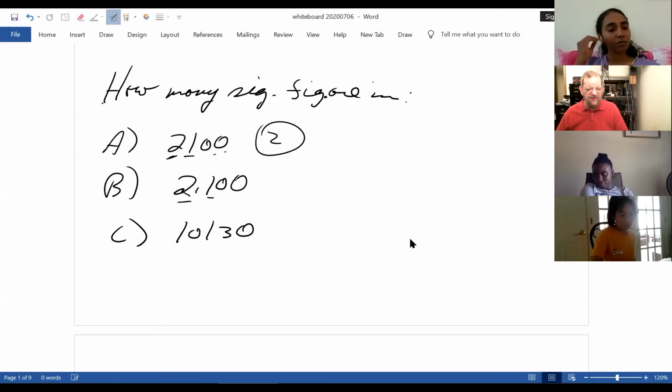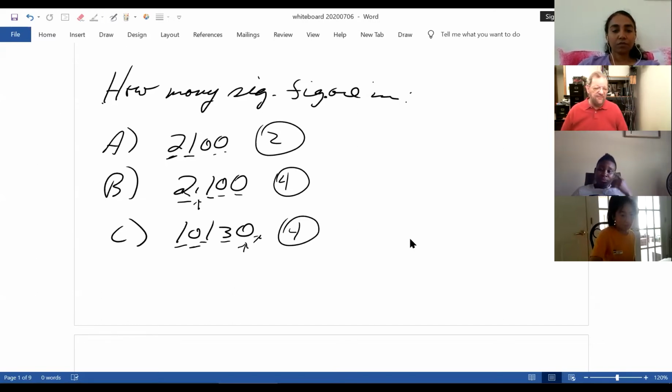Here, non-zero, zeros at the end, but we have a decimal, so this would be 4 significant figures. Over here, we have 3 non-zero numbers, a confined 0, but this 0, there's no decimal, and therefore 1, 2, 3, 4, that would have 4. And that's something you should know how to do.